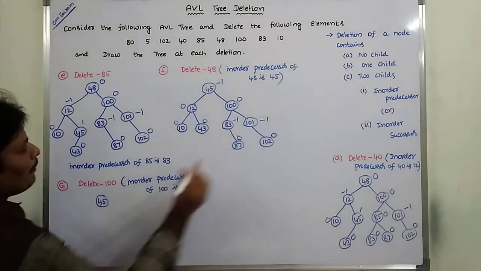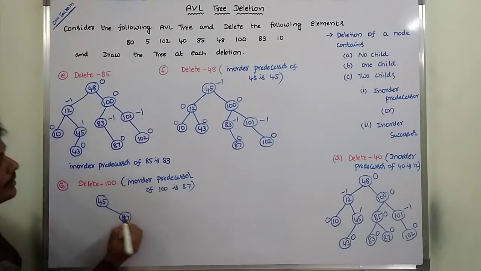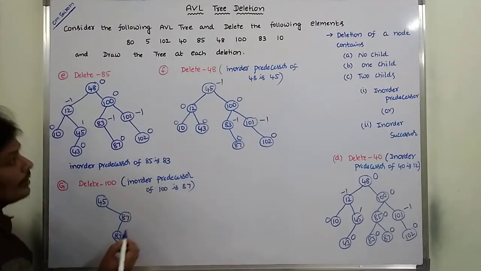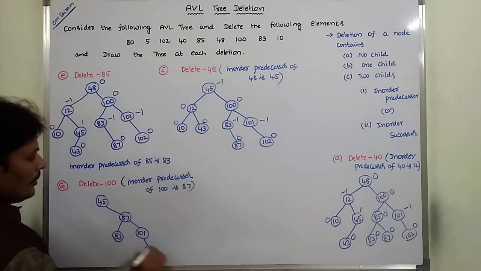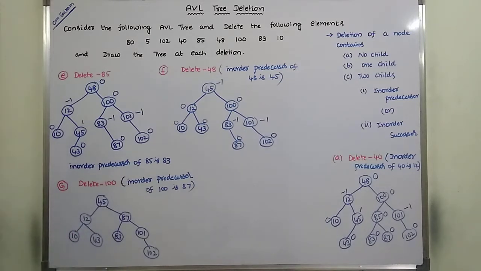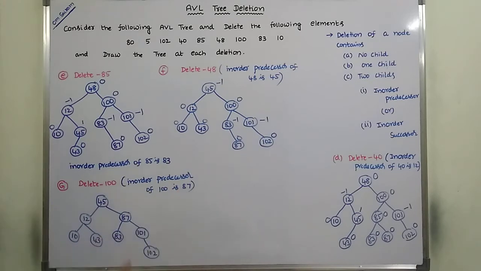Next, this node can be replaced with 87. This is 87 and its left child is 83 and its right subtree has no change, 101 and 102. Okay. So 45's left child is 12 and 12's left child is 10 and 12's right child is 43. So after deleting 100, it is replaced with its in-order predecessor 87.